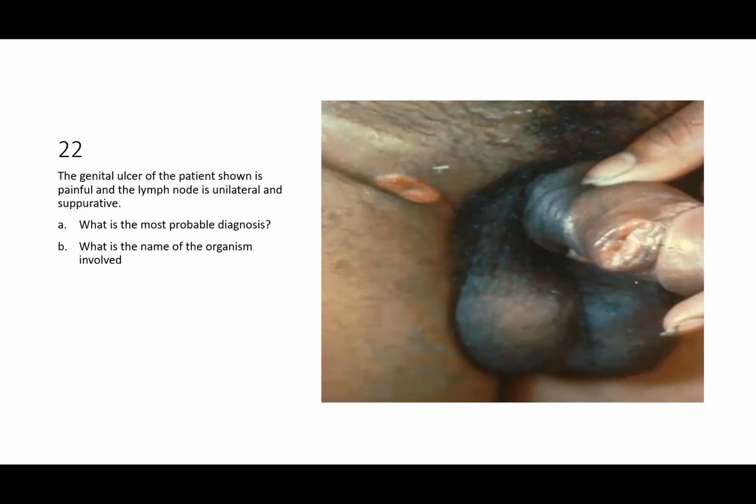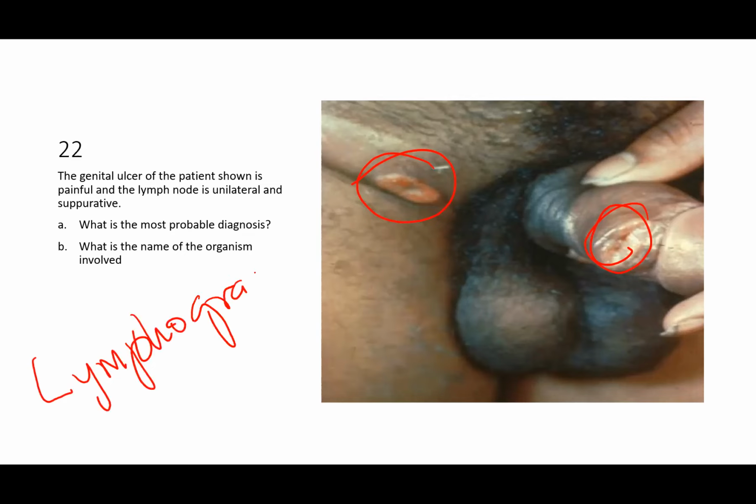This is classical of lymphogranuloma venereum. You see an ulcer with a suppurative adjoining draining lymph node. So you have lymphogranuloma venereum.